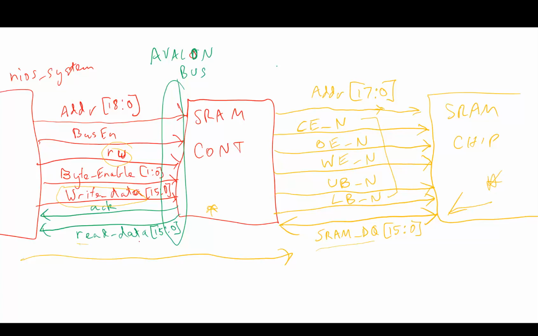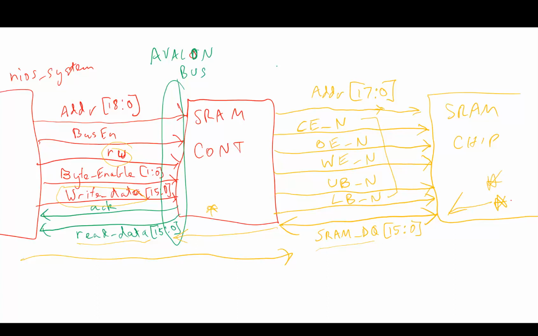And the read data would then be assigned to whatever value is on the SRAM DQ, which is not actually high impedance. It will be whatever is being driven by the SRAM chip here.